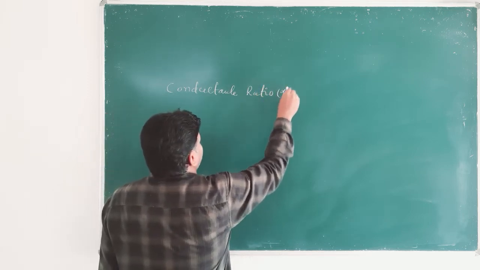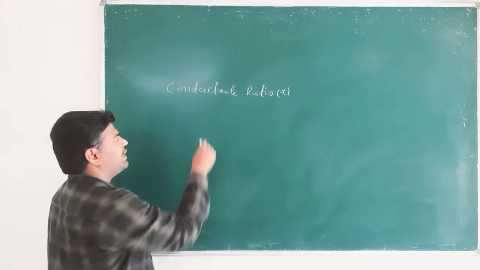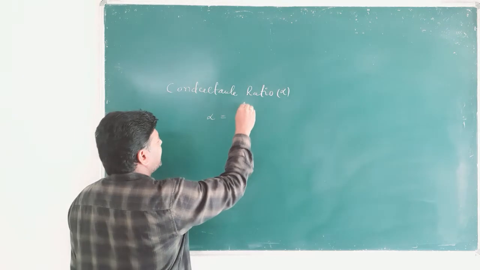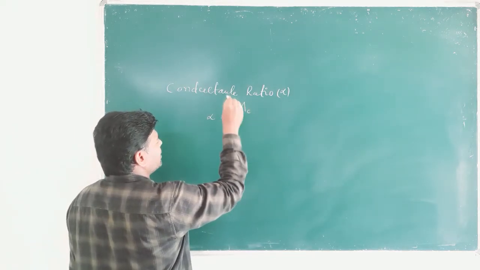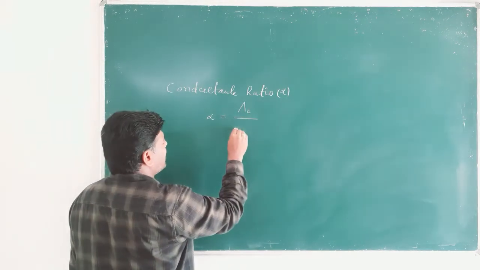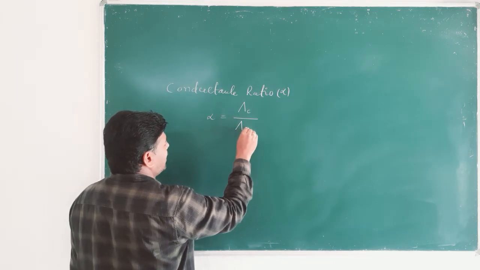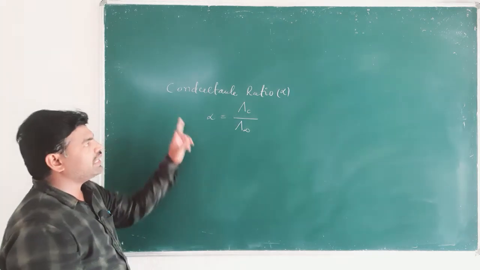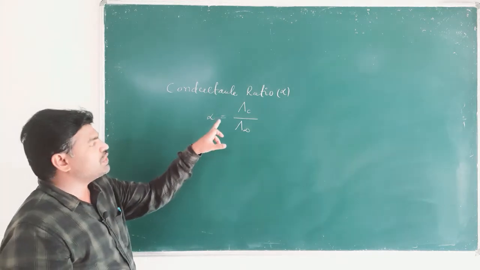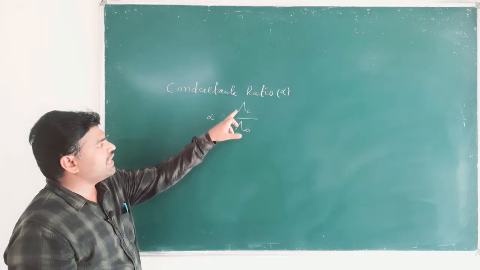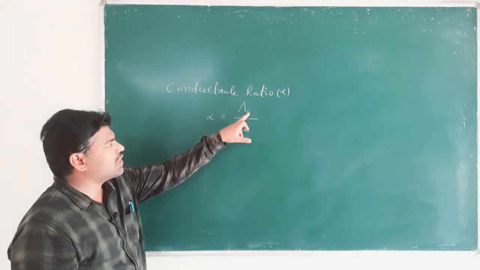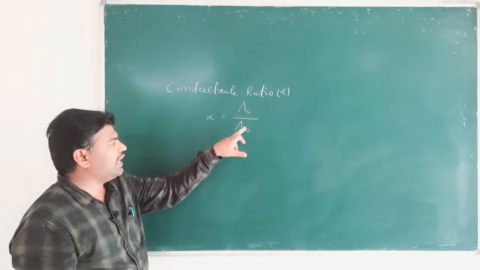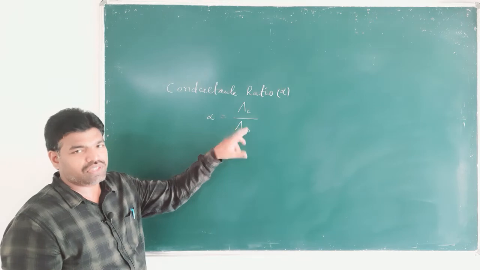Conductance ratio is represented by alpha, and alpha is equal to the equivalent conductance at any concentration divided by the equivalent conductance at infinite dilution, right? So conductance ratio is the ratio of equivalent conductance at any concentration to the equivalent conductance at infinite dilution.